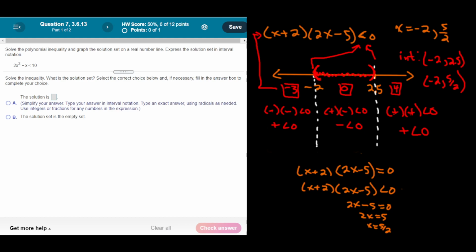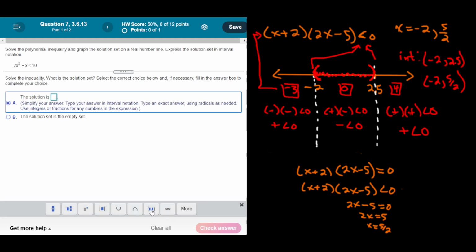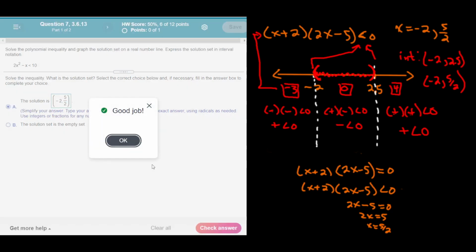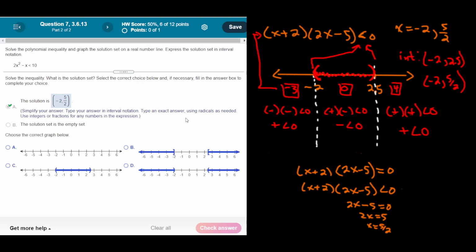All right, so let's go ahead and put that solution in. This is -2. Why does it always do that? That's so annoying. This is -2. And then you got to hit the arrow twice to make sure it's in the box. Okay, whichever one closely resembles our graph.